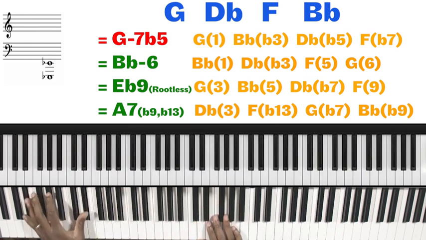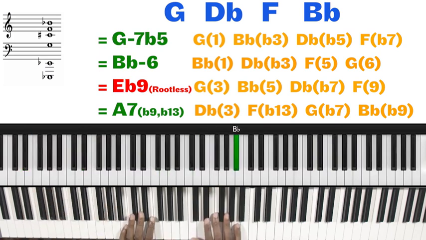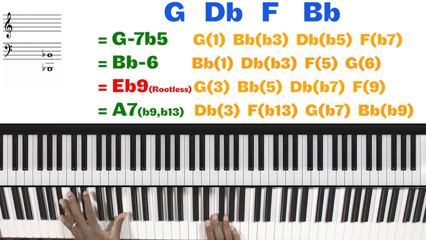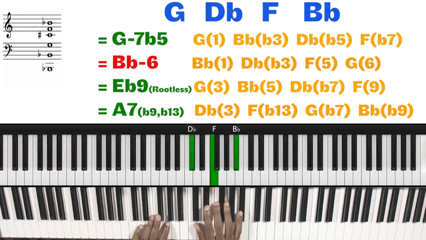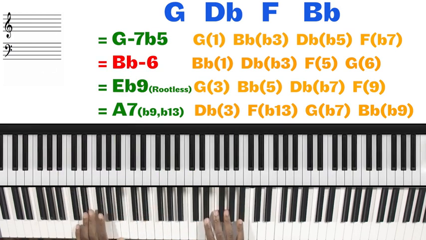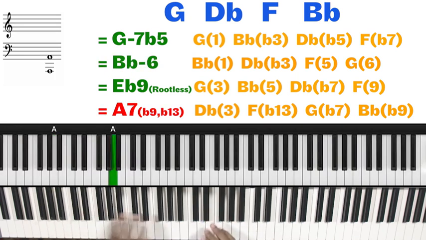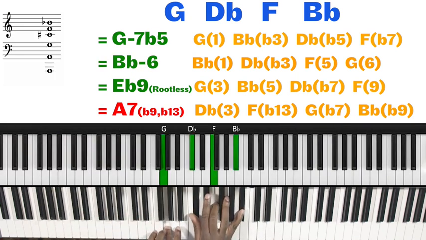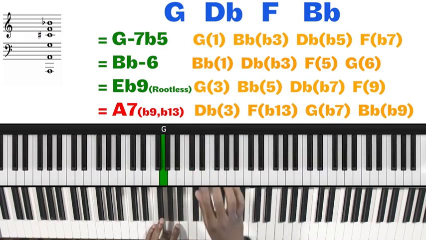And there's an E flat in the bass, the harmony is functioning as an E flat 9. And there's a B flat in the bass, the harmony is functioning as a B flat minor 6. When there's an A in the bass, the harmony is functioning as an A7 flat 13 flat 9 or flat 9 flat 13.